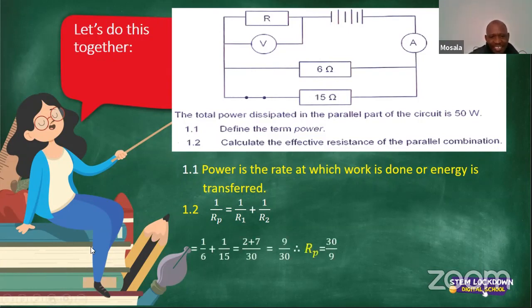Now, R1 is 6 ohm, so we substitute that 6 ohm. R2 is 15 ohm, so we substitute the 15.